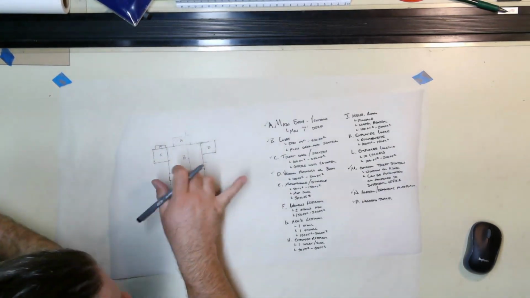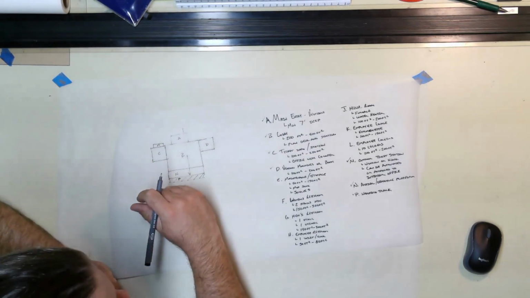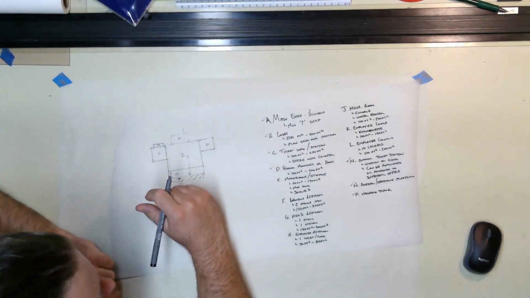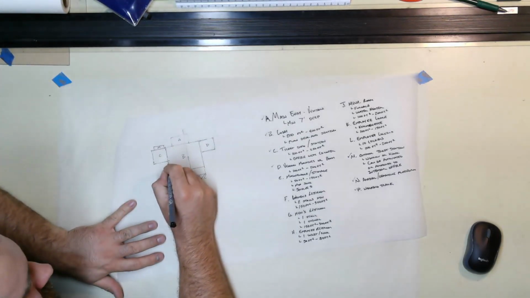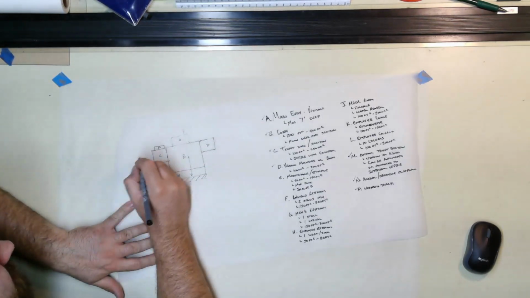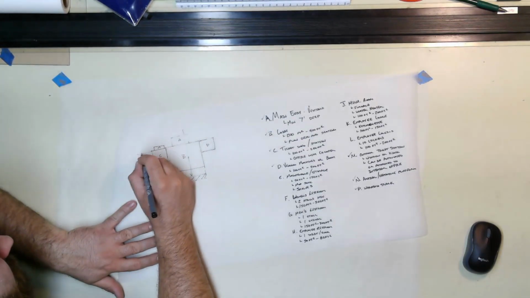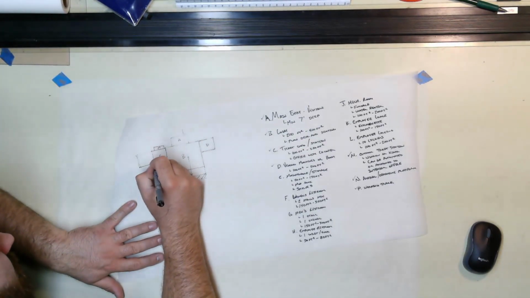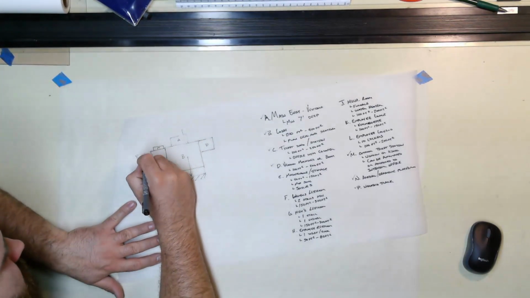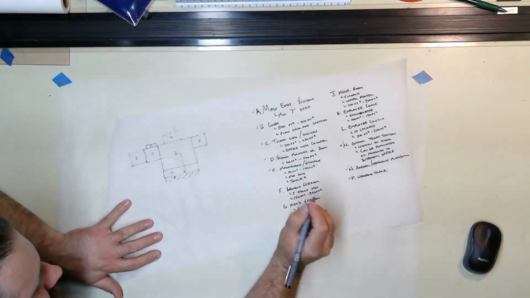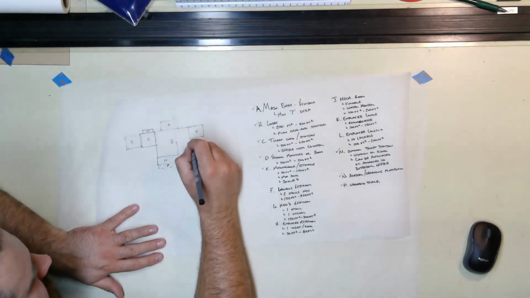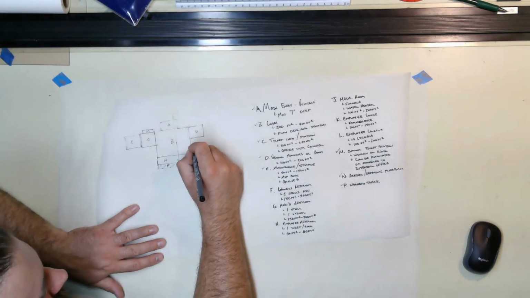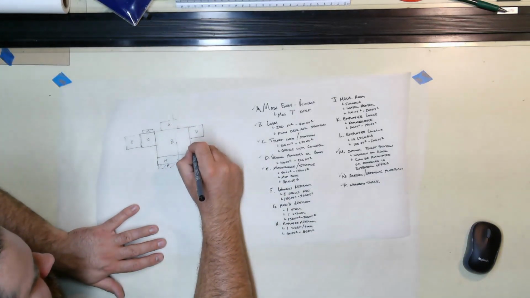Okay, so now going back to E, our maintenance storage, I'm going to actually throw that kind of back here. Women's and men's restrooms, I think I'm going to throw.